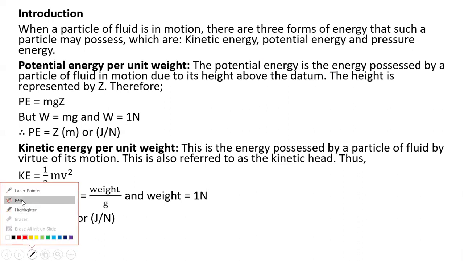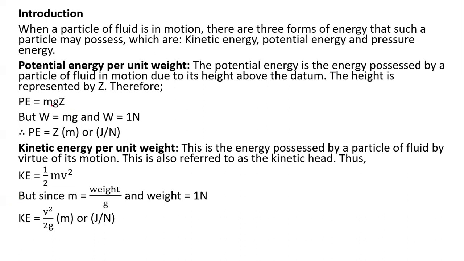So combining them, m and g can now be replaced by weight. But since we are saying per unit weight, it means weight is 1 Newton. So the whole of this is taken up by a number which is 1. So our potential energy per unit weight is z, or the height. This is in joules per Newton, joules per unit weight.